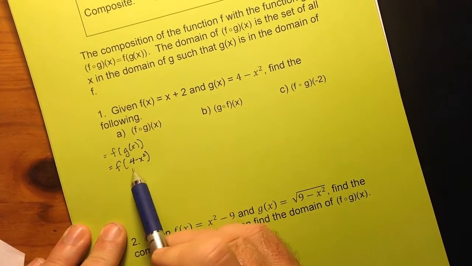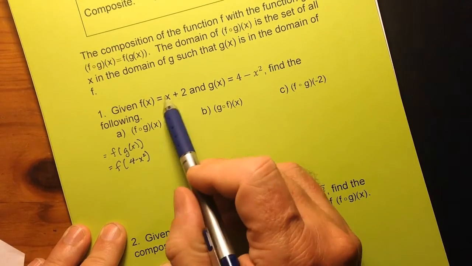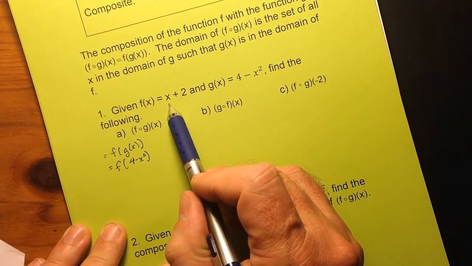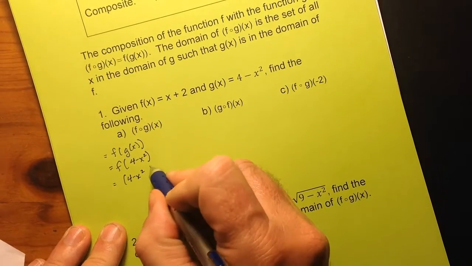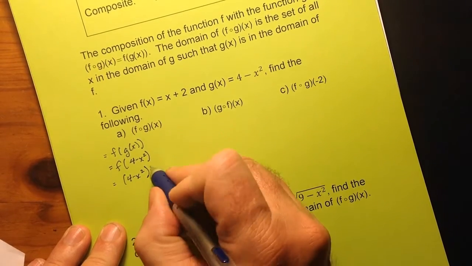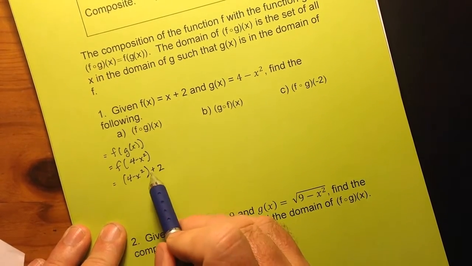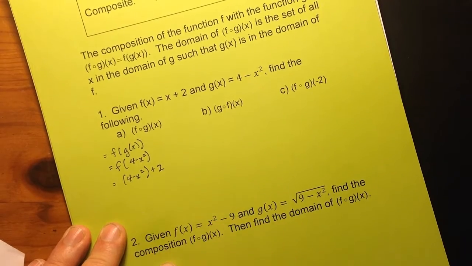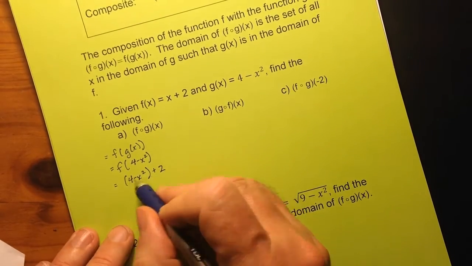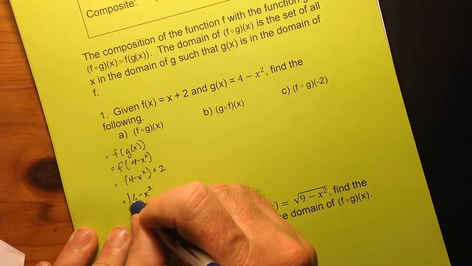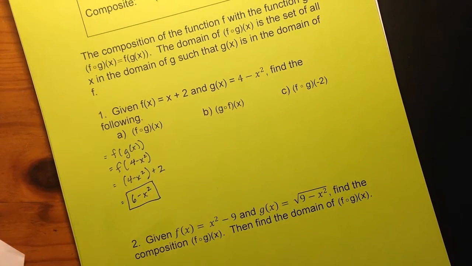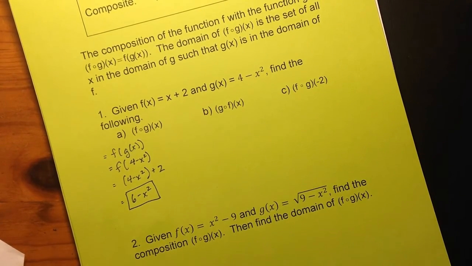So what I'm going to do is take 4 minus x squared and plug it into my f function for the x here. So I'm going to have 4 minus x squared for my x and then plus 2. This was x plus 2, so now it's 4 minus x squared plus 2. And then I simplify that. 2 plus 4 is 6. So I get 6 minus x squared. And there we go. There is f circle g of x.